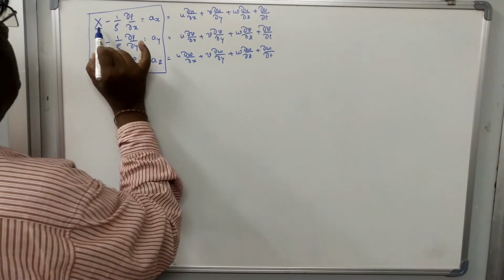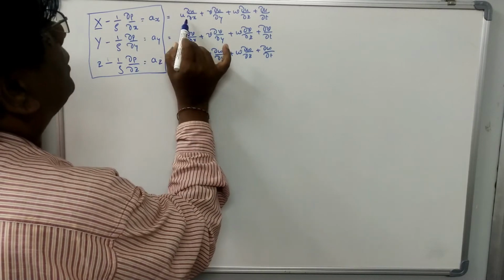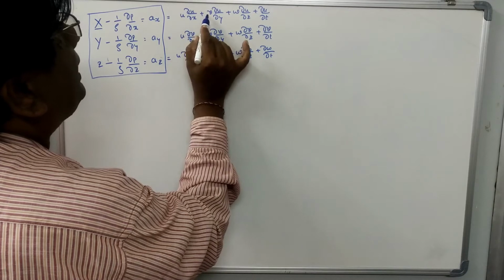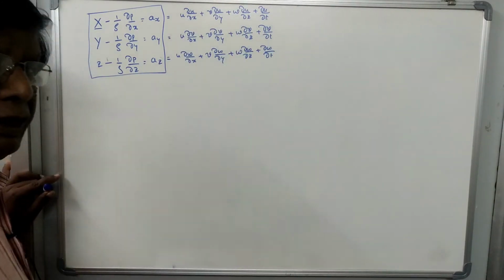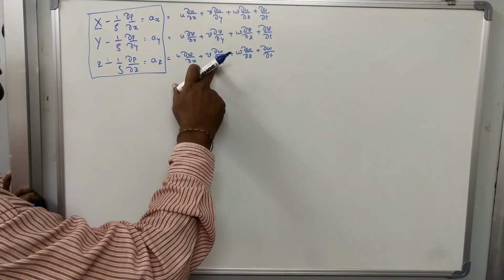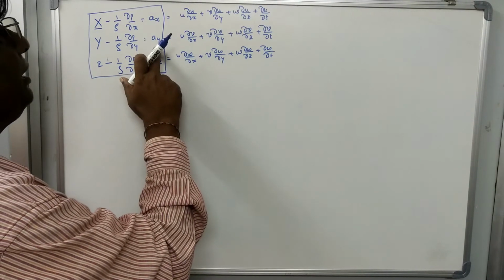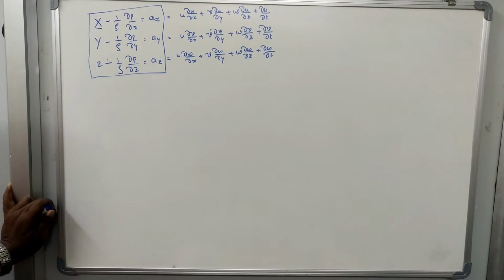Then X minus 1 by rho ∂p/∂x equal to u ∂u/∂x and so on. See here, u, v, w are the rectangular velocity components of the velocity vector. So these are the Euler's motion equations in terms of acceleration or in terms of velocity. This we have derived in the previous class.